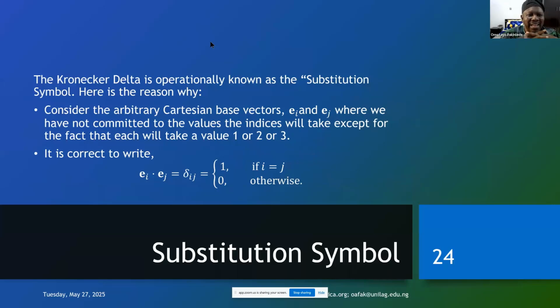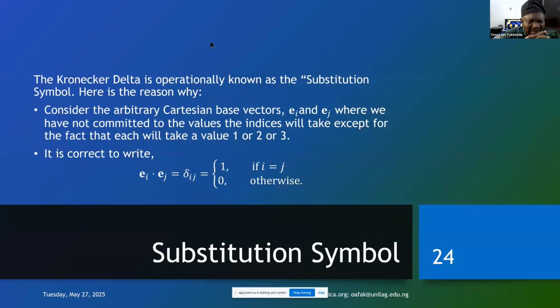The canonical delta is operationally known as the substitution symbol. Here is the reason why. Consider the arbitrary Cartesian base vectors e_i and e_j. They are arbitrary. You can call them i or j, or i or k, and so on.